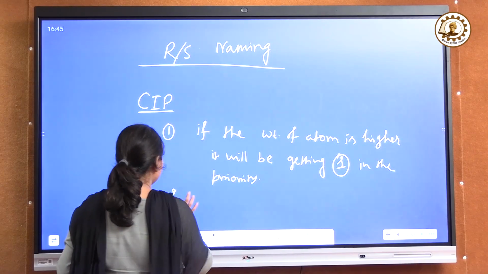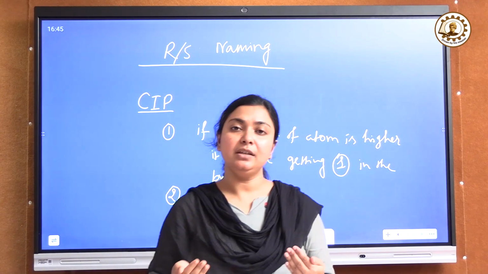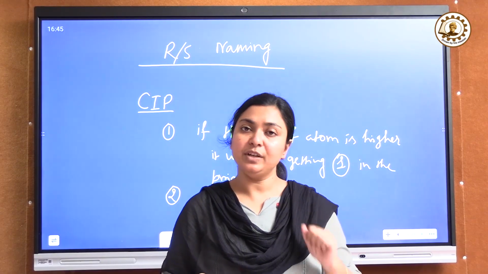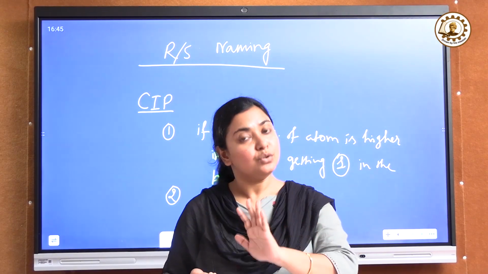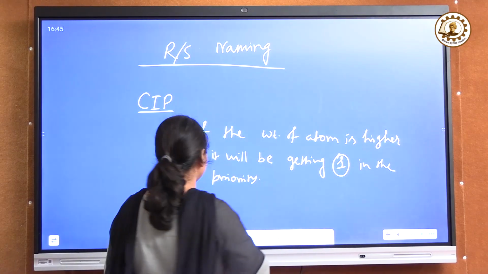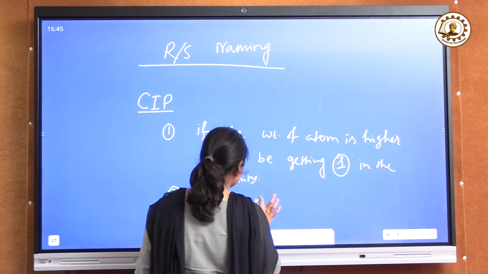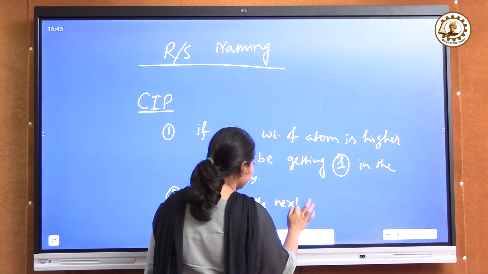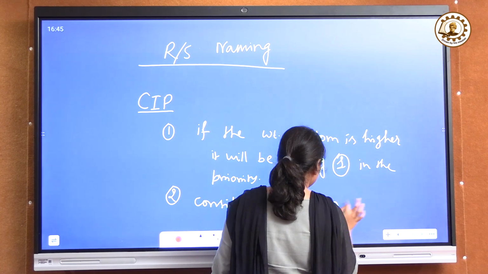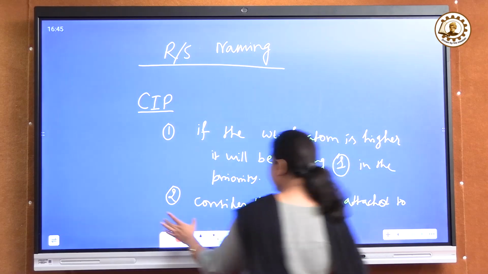And if there are two similar atoms, so they will be showing the same atomic weight. So if there are two similar atoms, we have to consider the next atom attached to that carbon atom.